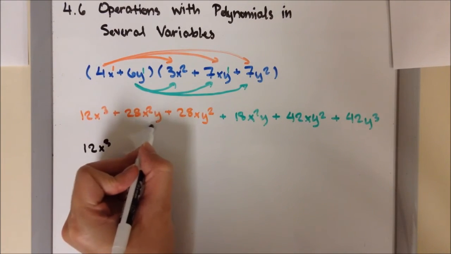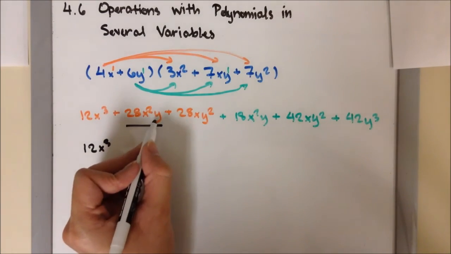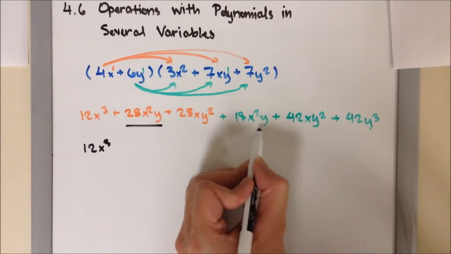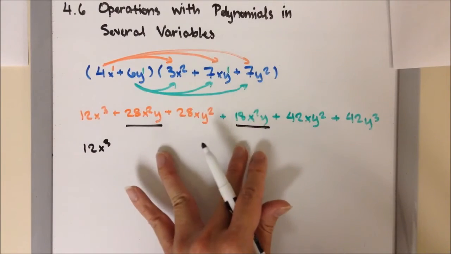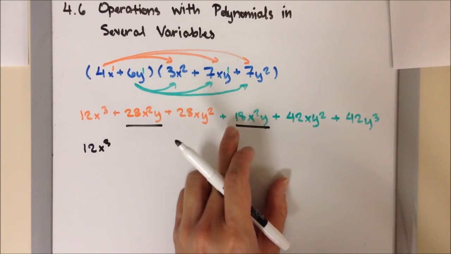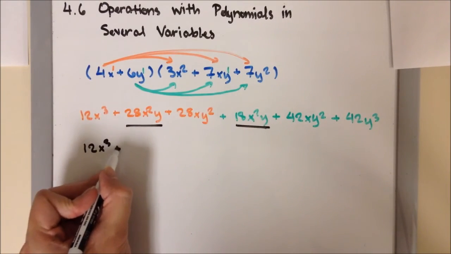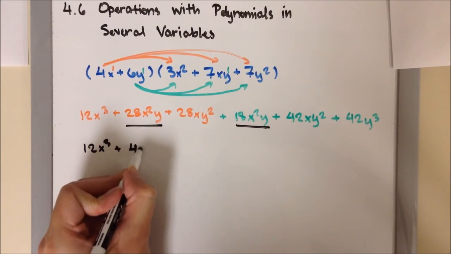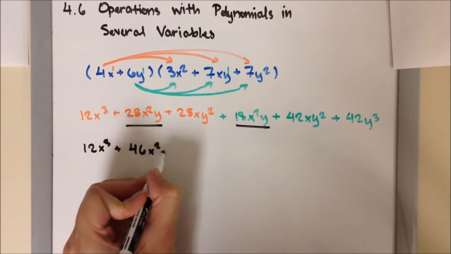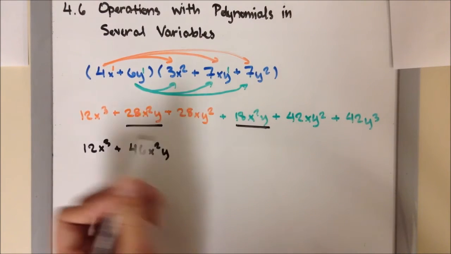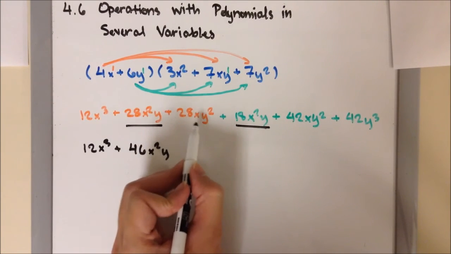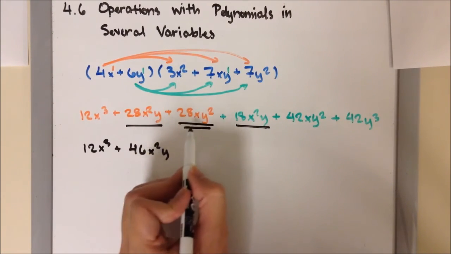Alright, my next one is x squared and then y. I actually have another one just right here, so I'm going to combine these two. Positive 28 with positive 18. That's going to be plus 46 x squared and then y. Next is x and y squared. So let me look.